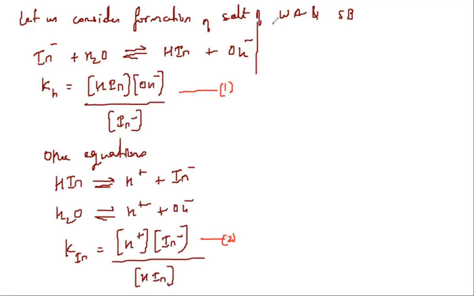Further, you know what Kw is? Ionic product of water: H plus ion concentration into OH minus ion concentration. Let me call this equation 3.